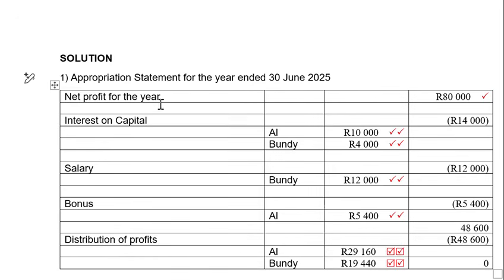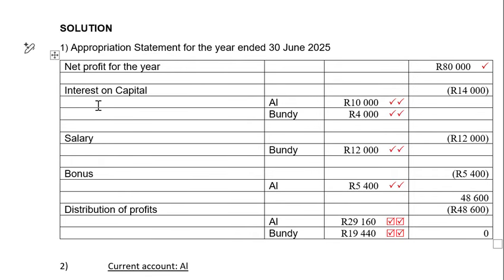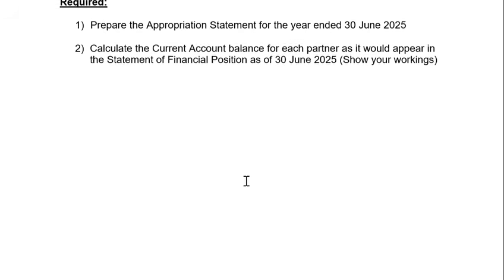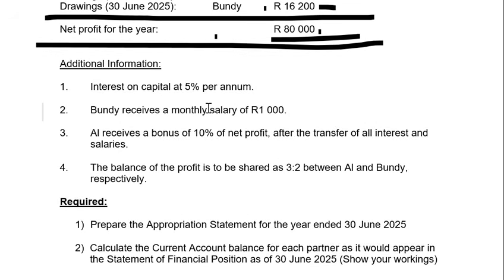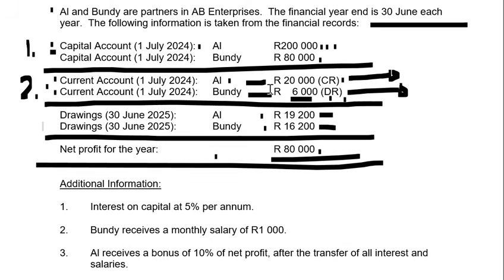Now what we need to take off the profit is interest on capital. They said the interest on the capital was 5% on the capital balances. The 5% is calculated on the opening balances of the capital accounts. So we'll look at 5% of 200,000 for Al and 5% of 80,000.